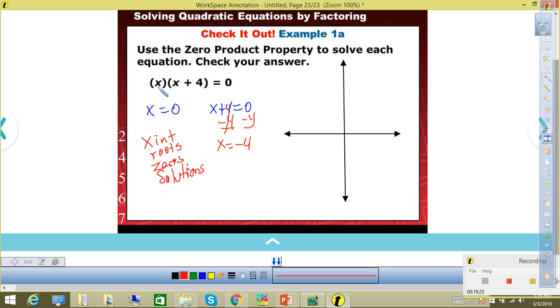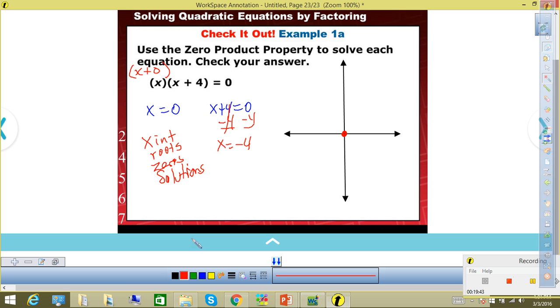Oh, what Dylan is saying is that this one does not have a constant or a second term in there. So if it would look like this, then 0 times 4 is 0. That's my y-intercept. Okay?